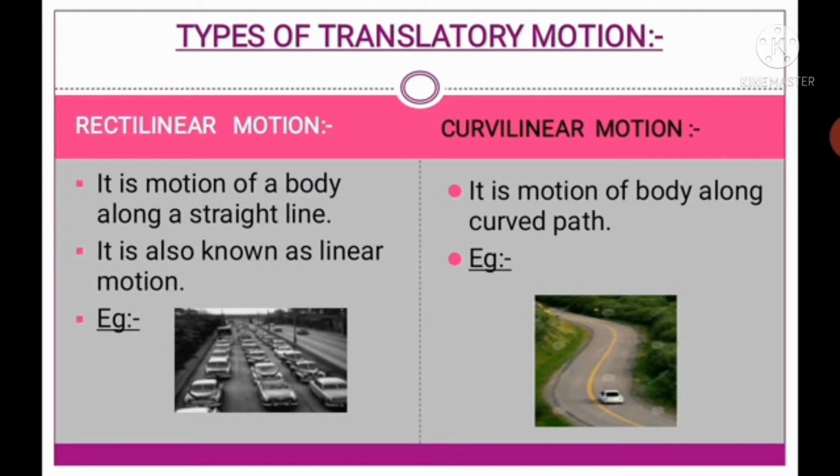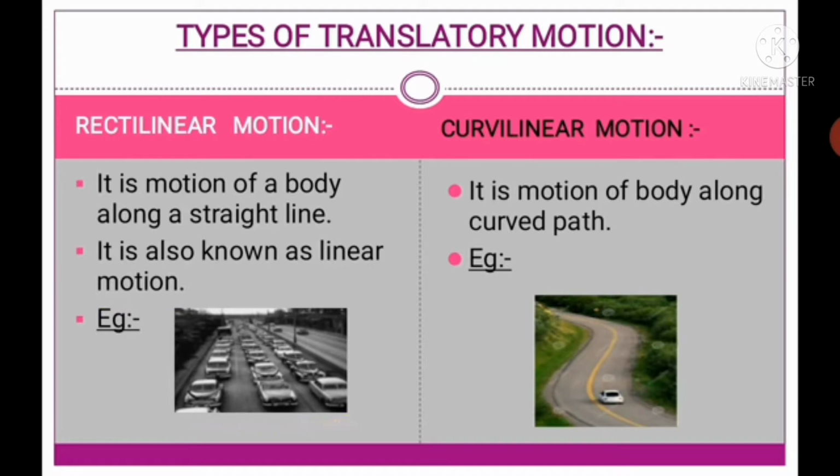When a body moves along a straight line, the motion described by the body is rectilinear. It is also known as linear motion.